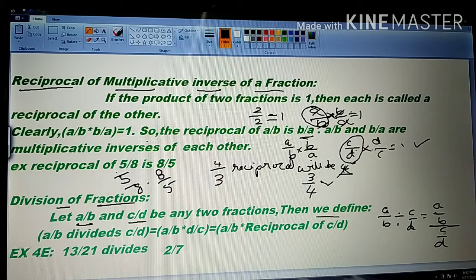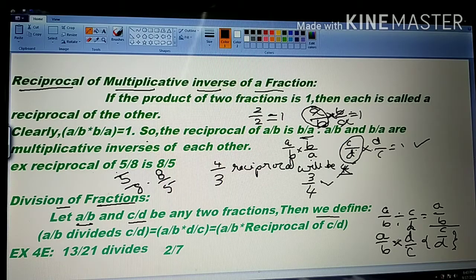Okay, we can convert this one. If you send this fraction into the numerator place, it will be reversed, d by c. With the multiplication symbol you can write whatever fraction you have in the denominator, by reversing that fraction, as d by c.